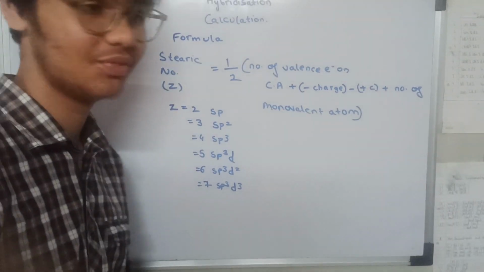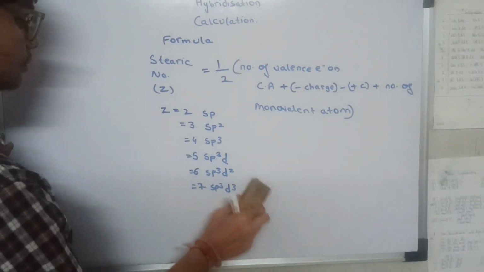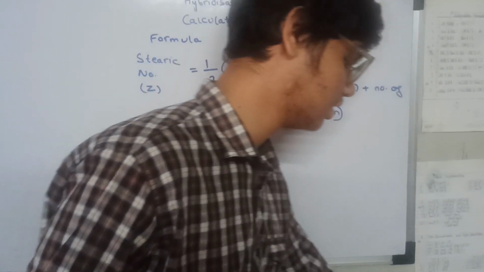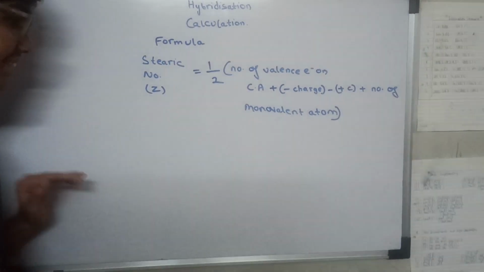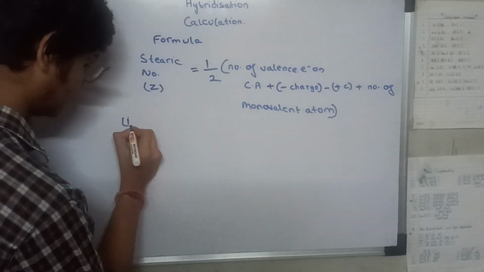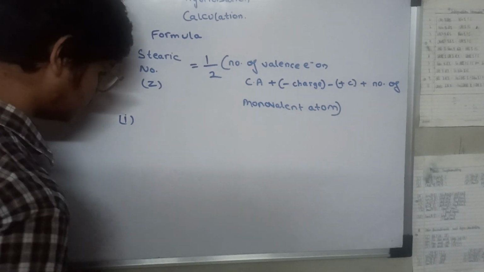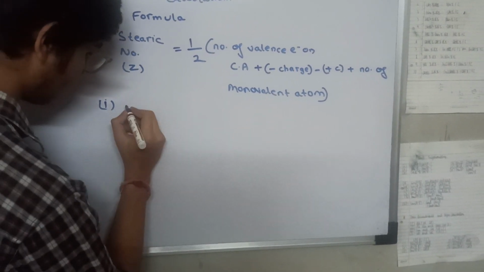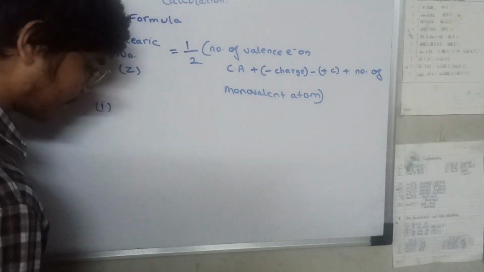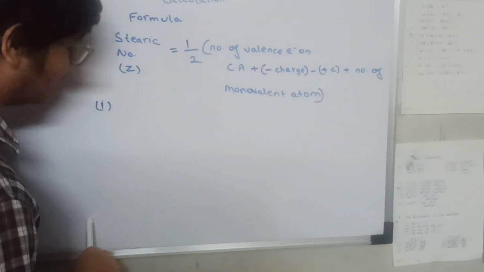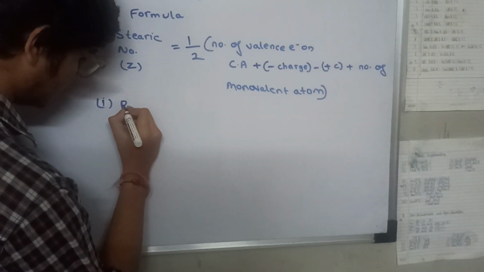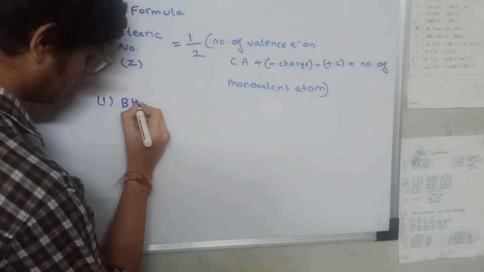Let's take two examples of this. So this formula I am writing over here itself. I hope you can see this part. The first question we can take is BF3.